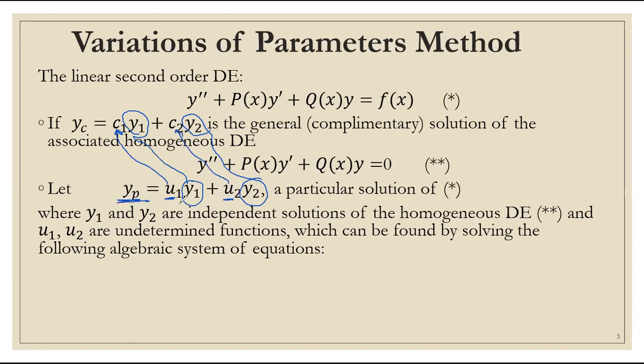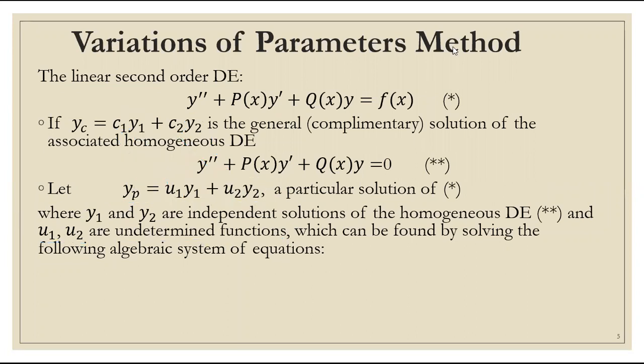In yp, the coefficients of y1 and y2 are unknown functions, and I need to determine their values to find yp. So the aim here is to determine u1 and u2, the undetermined functions.